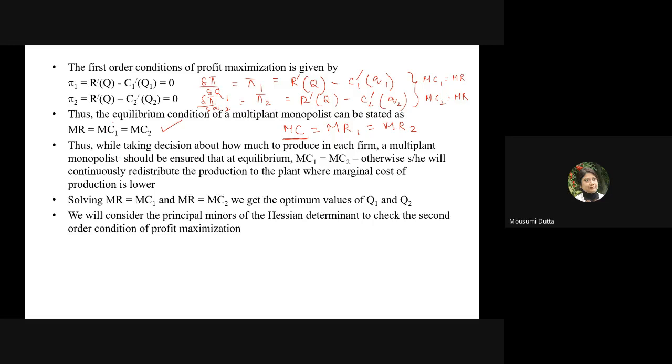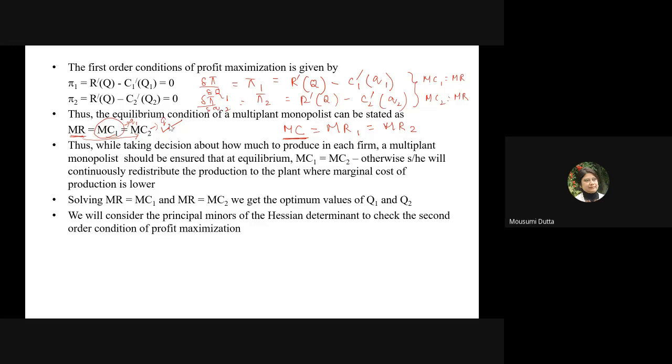Here we will equate the general MR, the equilibrium level of MR, with MC1 to get how much will be produced in plant 1, and we will equate it with MC2 to find out how much will be produced in plant 2.